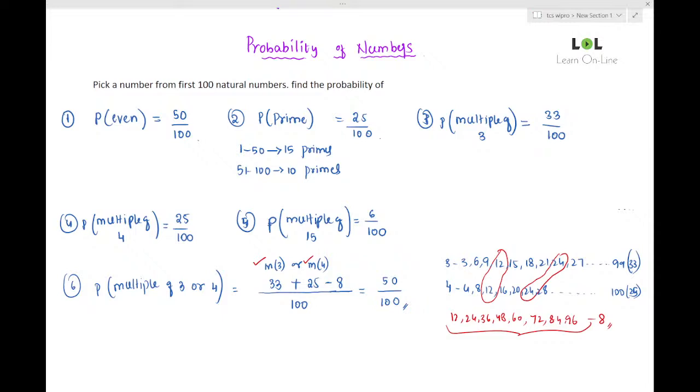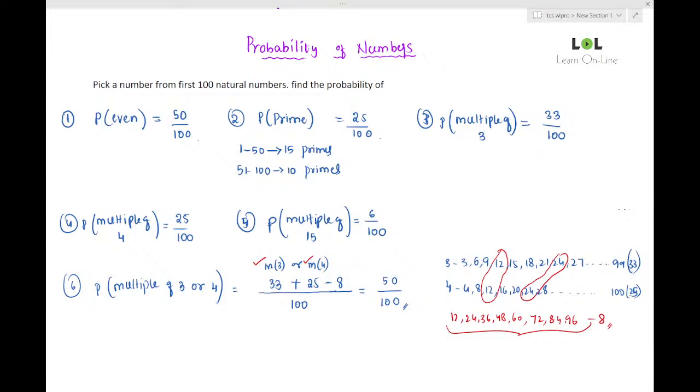They will be there in multiples of 3 as well as multiples of 4. So what is happening here? We are counting them twice. So these 8 multiples, we are counting in multiples of 3 as well as multiples of 4. So we have to reduce 1 time. So that's why I subtracted 8. Did you get it, Manohar?